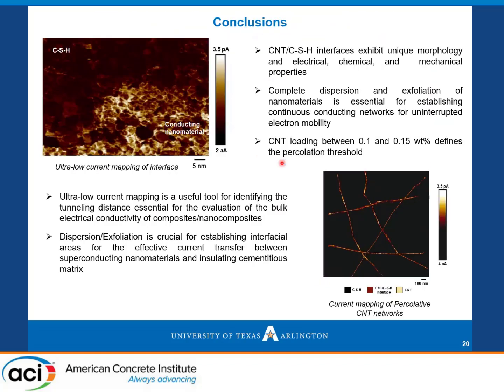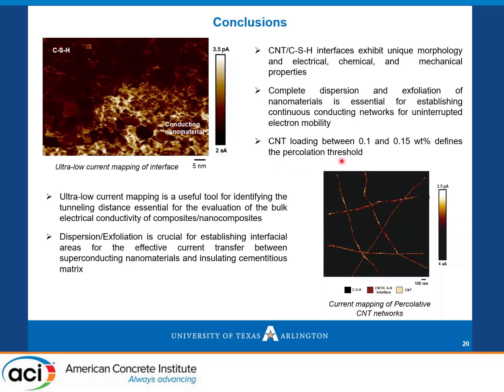So, to conclude here, we saw that the interfaces between highly dispersed nanotubes and CSH exhibit a unique morphology and electrical, chemical, and mechanical properties. We need a complete dispersion and exfoliation of carbon-based nanomaterials for establishing continuous conductive networks, which is essential for an uninterrupted current flow, electromobility.